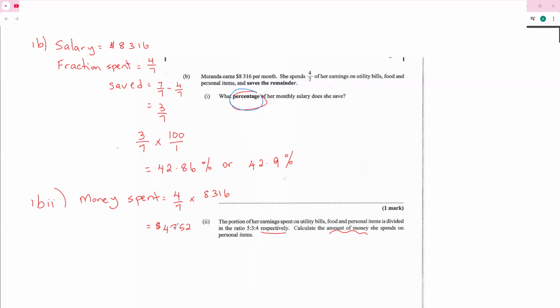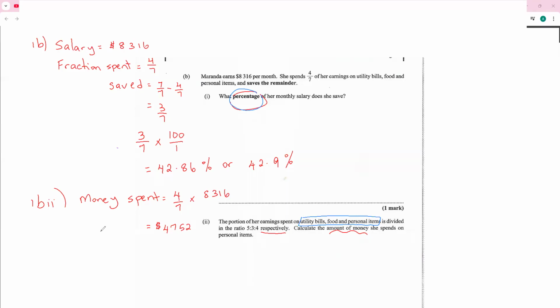And what they're telling us is that it was broken up into the ratio of 5 to 3 to 4, respectively. Whenever you see the word respectively, it means that it's in the order of how it was divided.